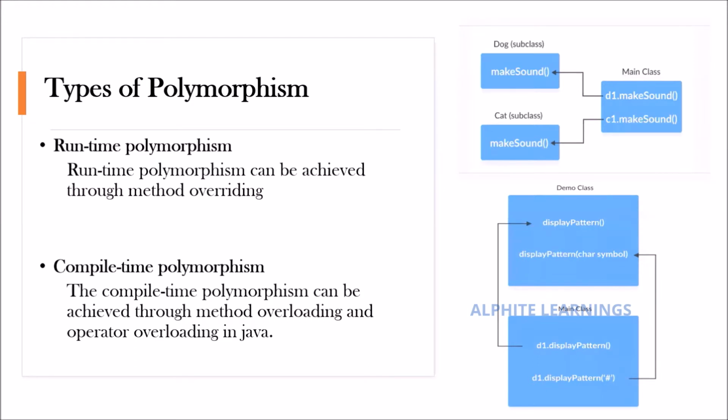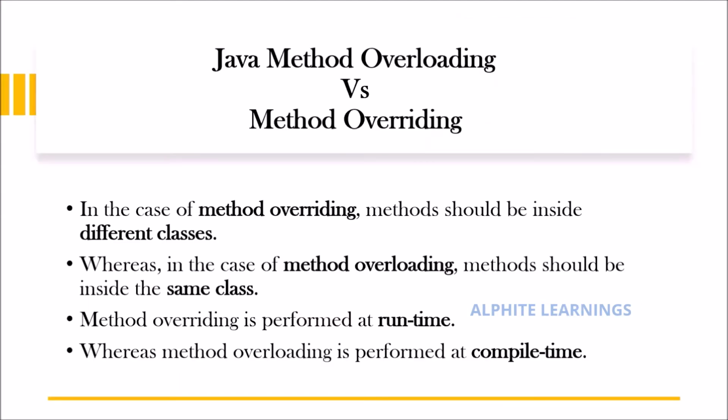Just know how it relates: runtime polymorphism goes with method overriding, and compile time goes with overloading. Do you get it? Since we have seen examples for these already, I have not given any new example today for these.